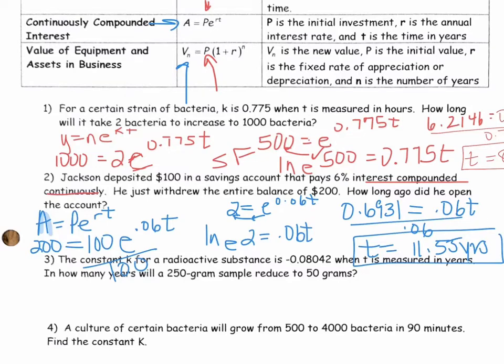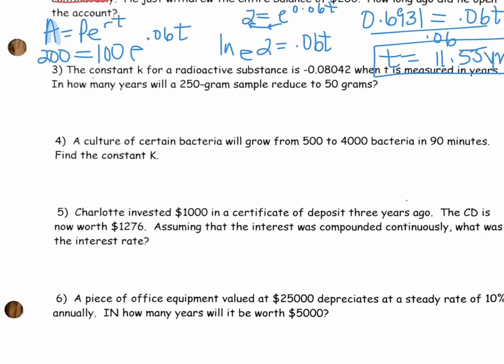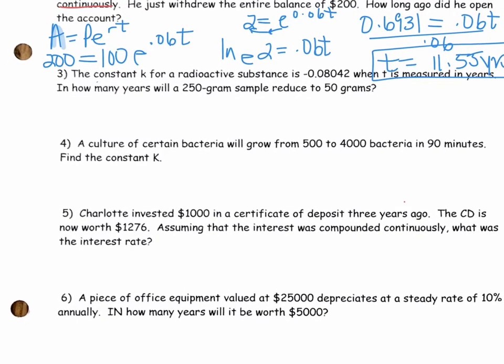Number 3, let's go ahead and erase this part again. Number 3 is going back, and we're talking about a radioactive substance. Well, that kind of reminds me of chemistry again. So that would be the Y equals NE to the KT.